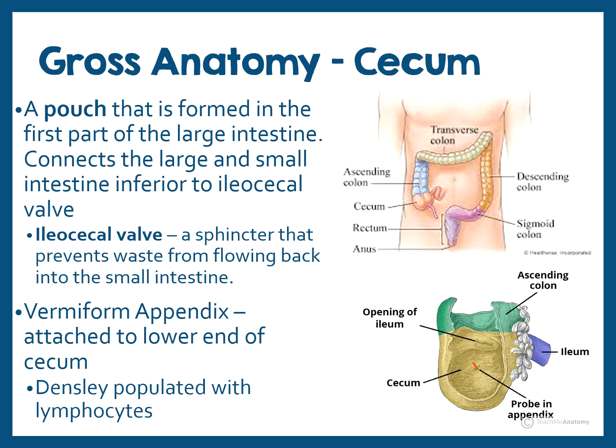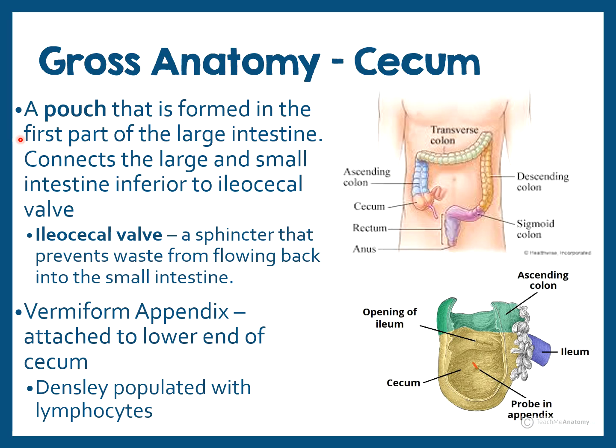So when the food substance first enters into the large intestines, it's going to enter into this pouch-like region. It's going to be kind of like this swelling here, and it connects the large intestines and the small intestines just inferiorly to that ileocecal valve.